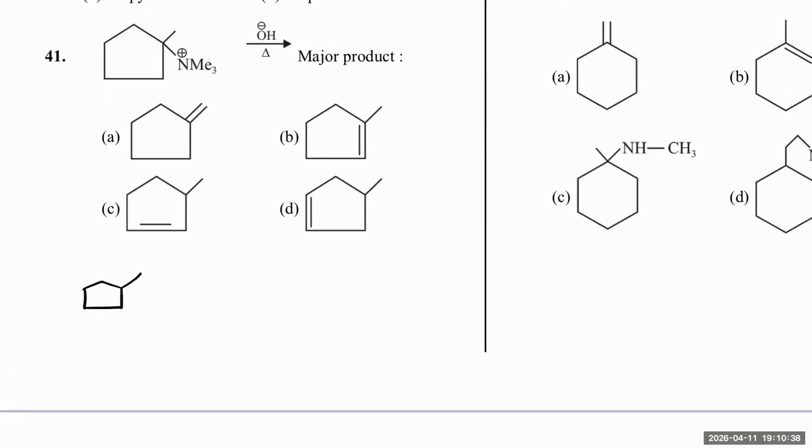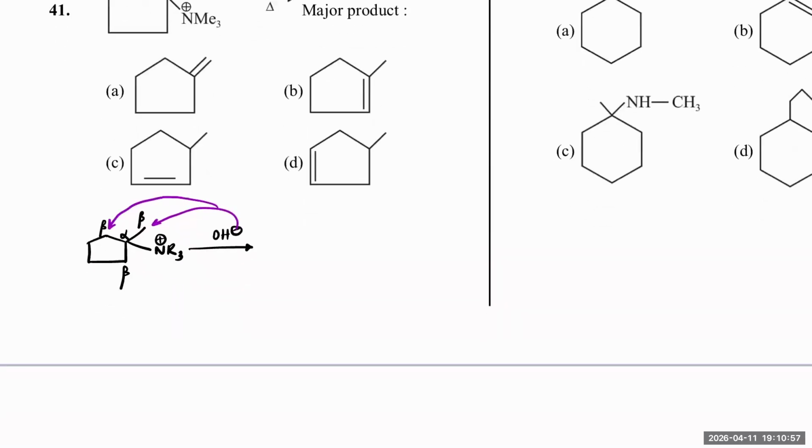When you have a 3-degree amine group here like this, you see this is alpha, this is beta position, beta position, beta position. On elimination, OH minus has the chance to take H plus from this position, or it can take H plus from this position.